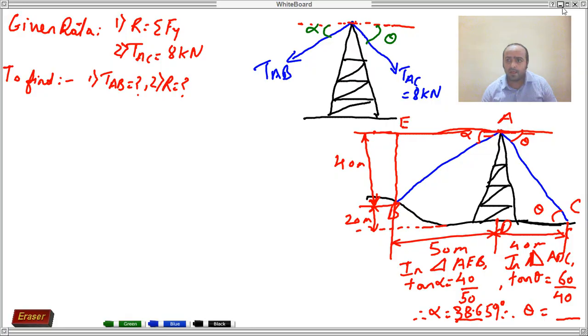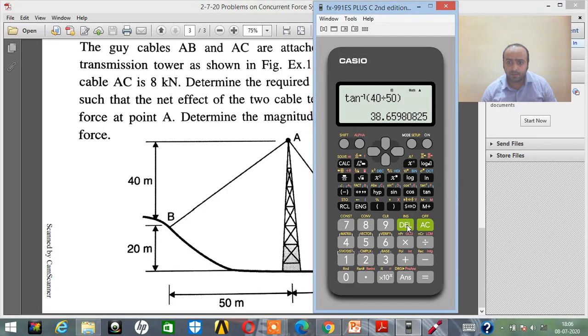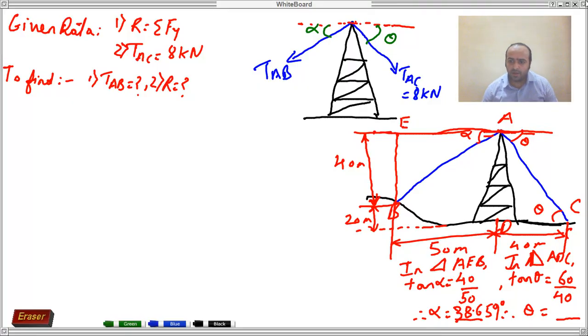Similarly for theta, it will be tan inverse of 60 divided by 40. Once we are done with this, it is 56.309 degrees. So to be very perfect, we have got both the values, and I can resolve the forces now.